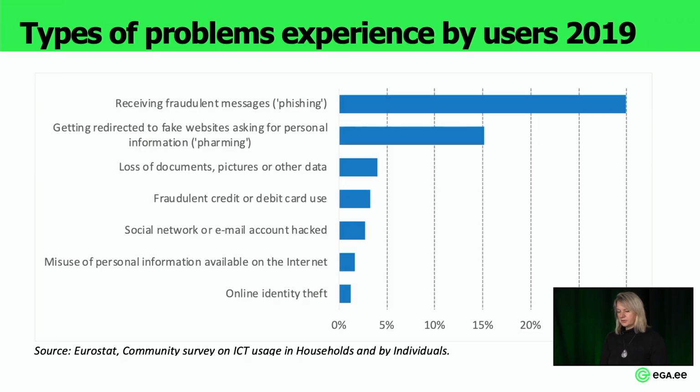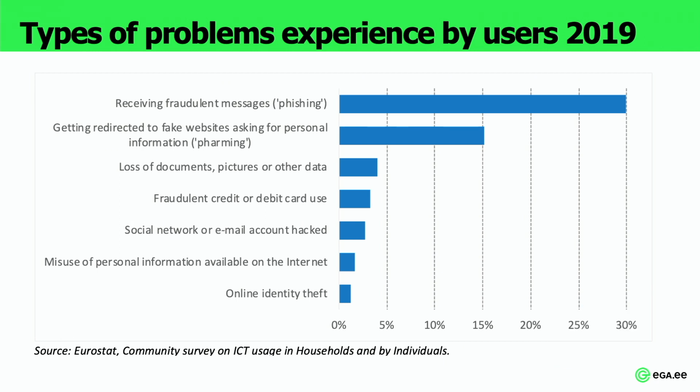And if we look at some statistics made a few years ago on what kind of problems users experience in the online world, the biggest threat or risk that people see is called phishing. It means there are different fraudulent messages in people's email boxes.